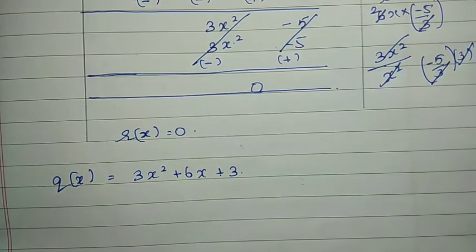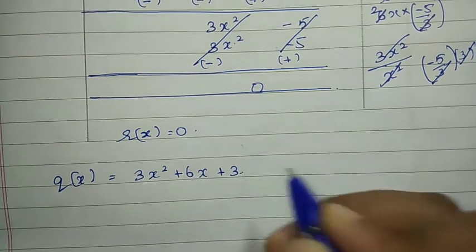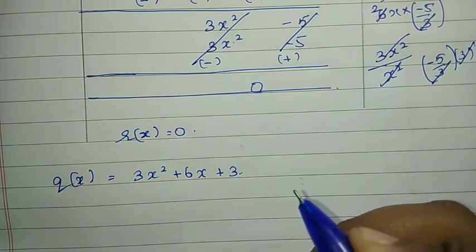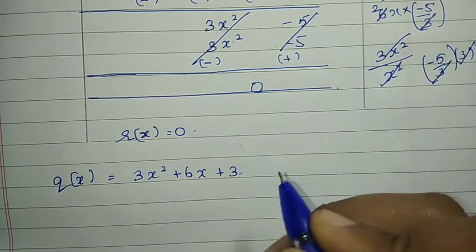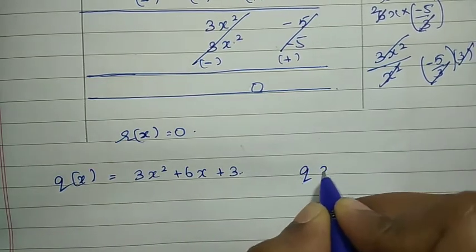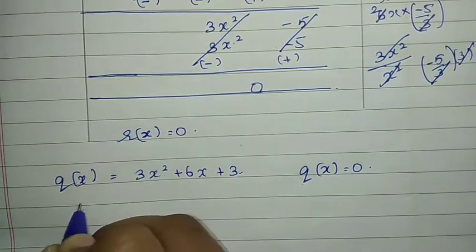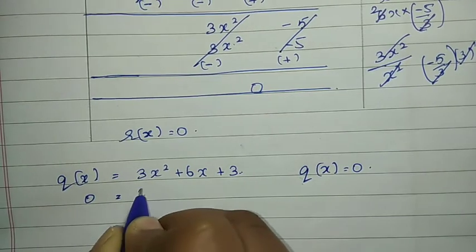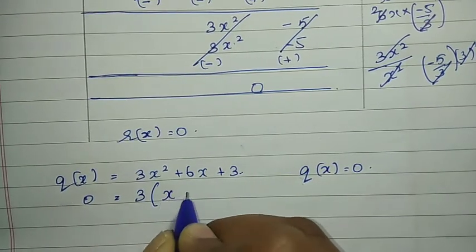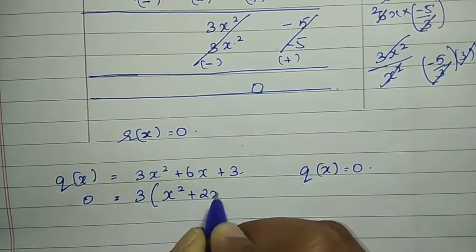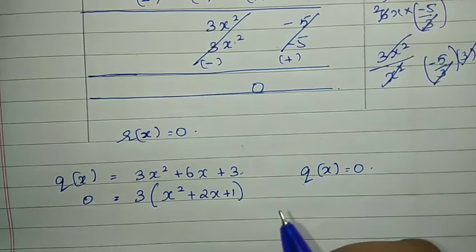So now I will be factorizing this equation in order to get my zeros. So I will take q of x equal to 0. So 0 is equal to 3, which is common over here, so I will take 3 out: x² + 2x + 1.